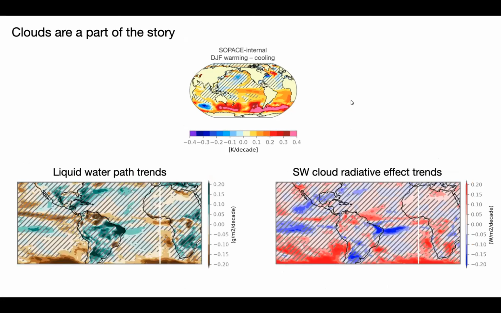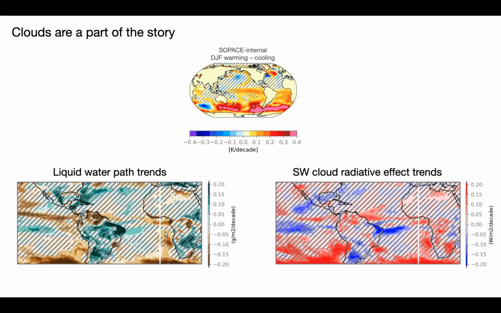So just a quick teaser, we just started to look at the different processes that may contribute to the tropical response, and clouds are one of them. I have just calculated the liquid water path trends in the pacemaker simulations, and also their shortwave cloud radiative effect trends at the surface.